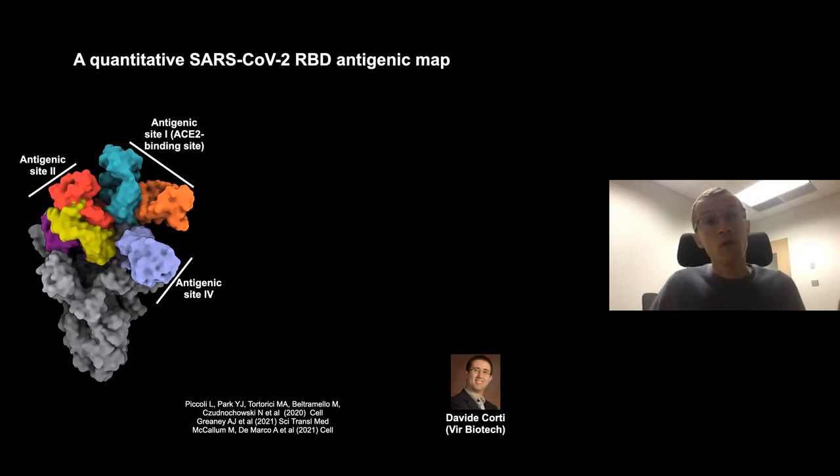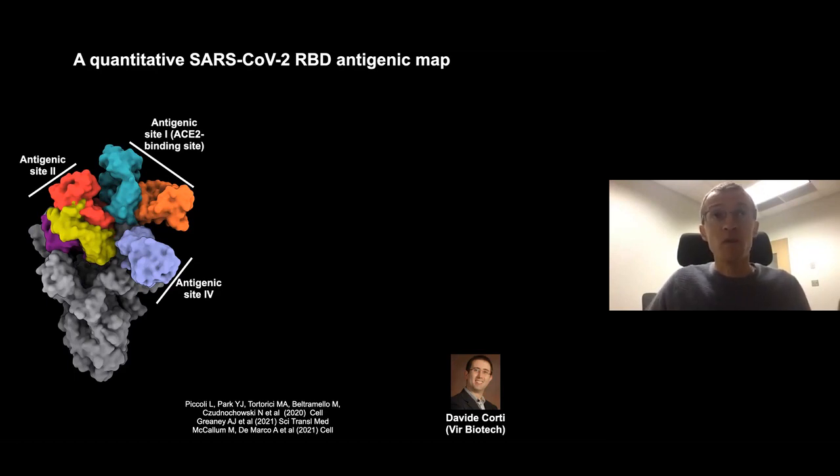So we solved a number of structures showing that multiple different epitopes could be recognized, and we classified them in antigenic sites based on competition binding. And using serology in parallel to isolation of monoclonal antibodies, we could quantify the magnitude of antibody responses at each site.